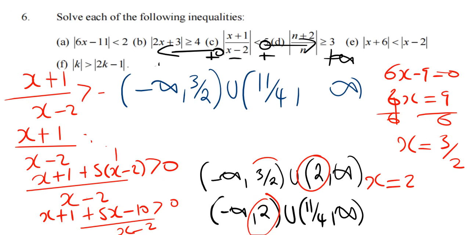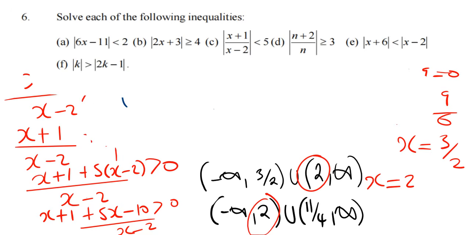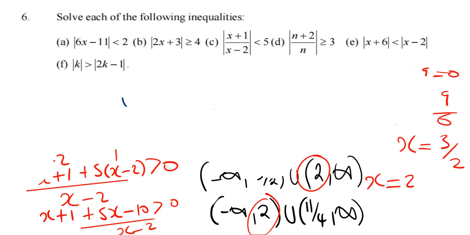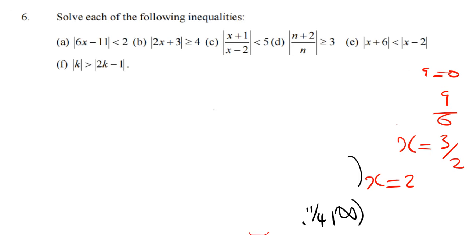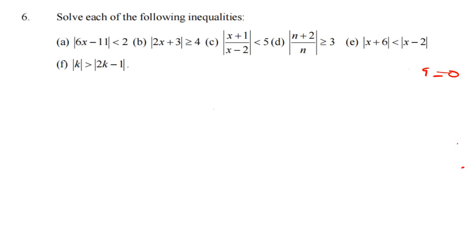So in this case, we're getting this part and that part to make our solution. So basically that is how we solve that part. So the way we've solved C, that is how we also solve D, the same way. One is going to be negative, the other one is going to be positive.